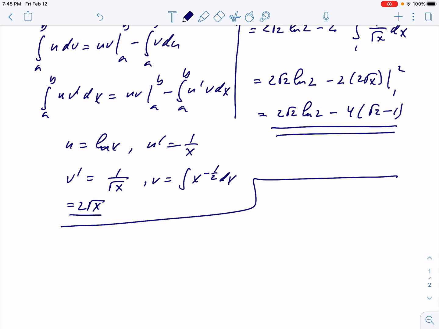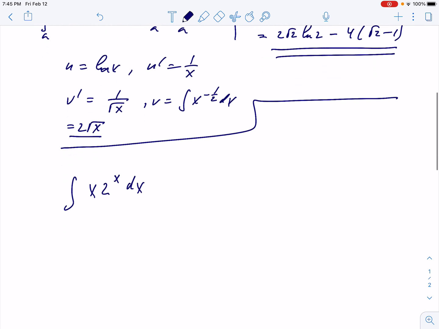Okay, moving to another example. Solve this integral: x times 2 to the power x dx. We have practically an exponential with x. If we have an exponential with x, or sine or cosine with x, again we do integration by parts, but this time we take u to be x, so u prime will be 1.